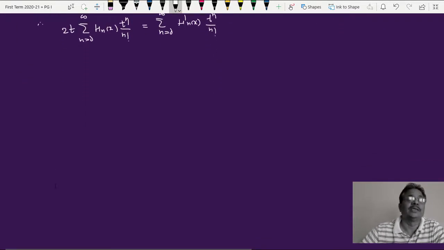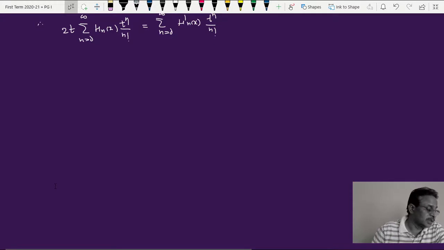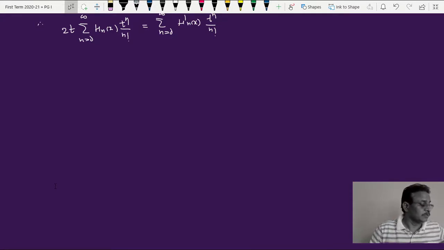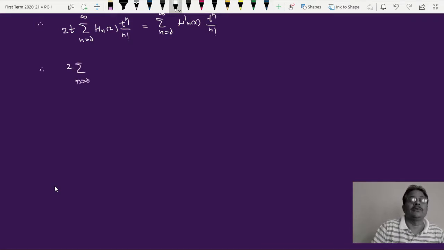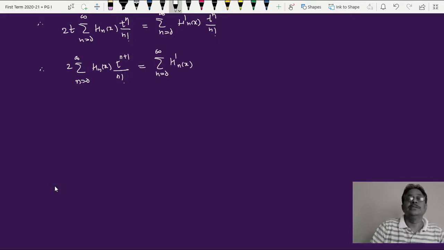Now take that t inside the summation, then you will get twice summation over n equal to 0 to infinity H n of x into t raised to n plus 1 divided by n factorial, equal to summation over n equal to 0 to infinity H dash n of x into t raised to n upon n factorial.